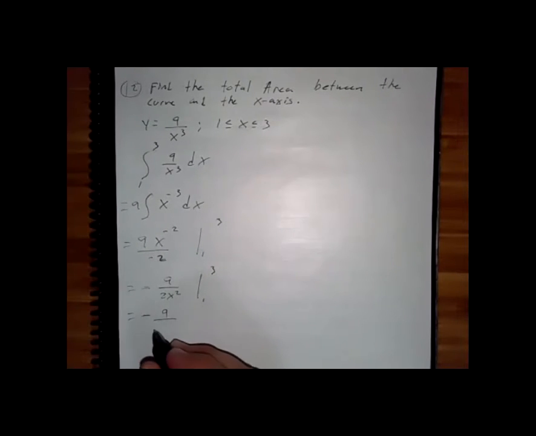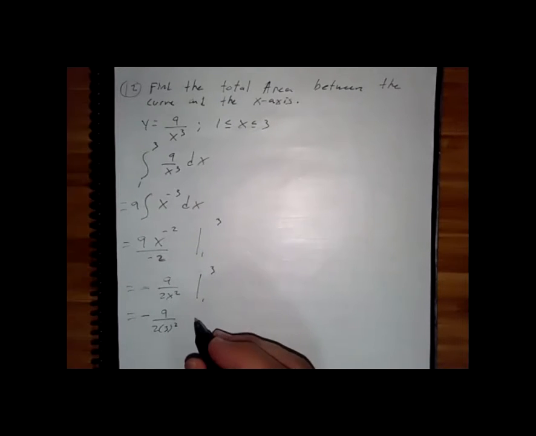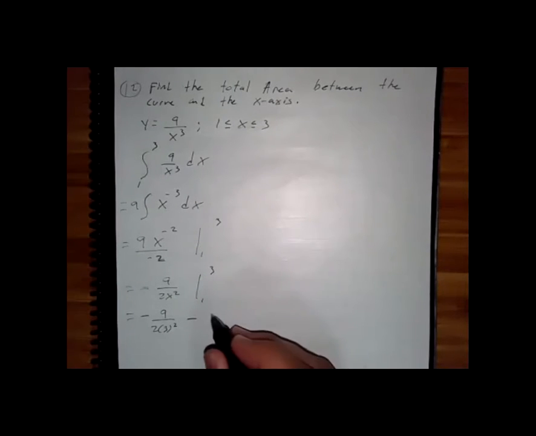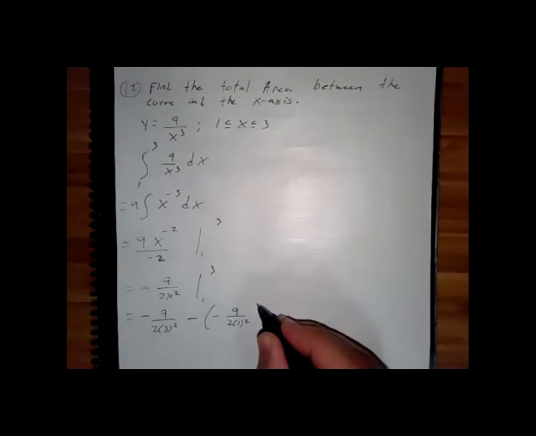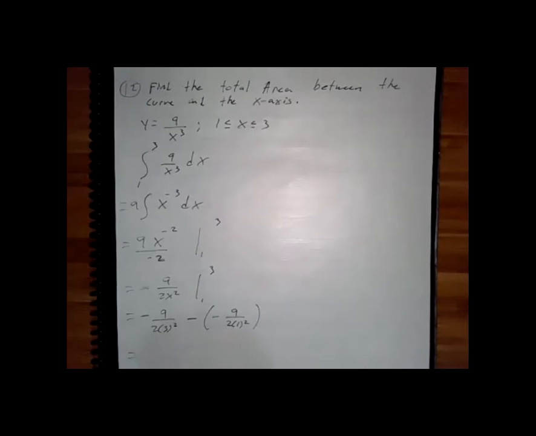into that x squared. And then minus, plugging in the 1. That's our fundamental theorem of calculus. So it'd be 9 over 2 times 9.